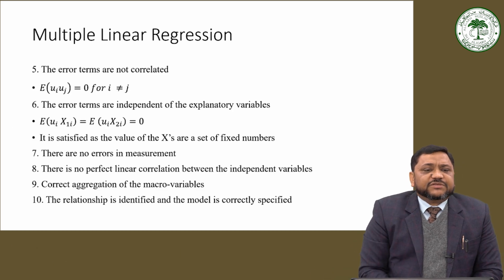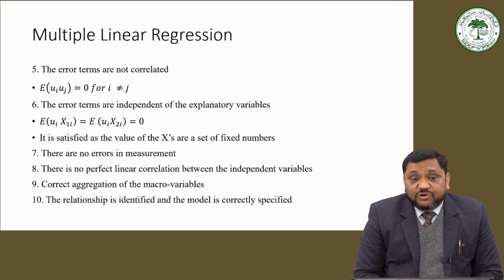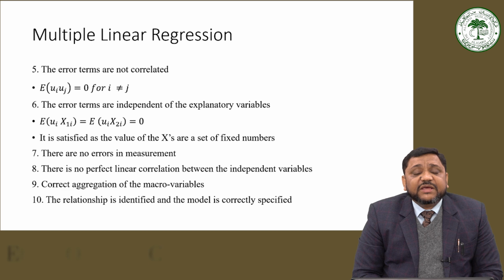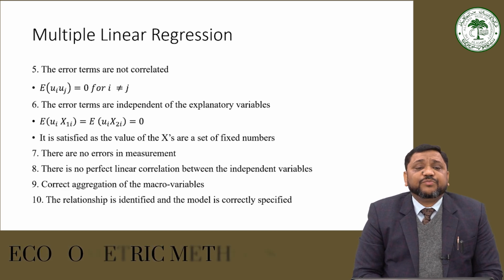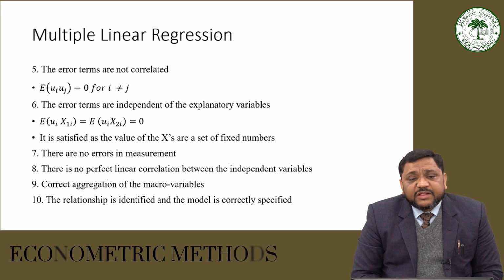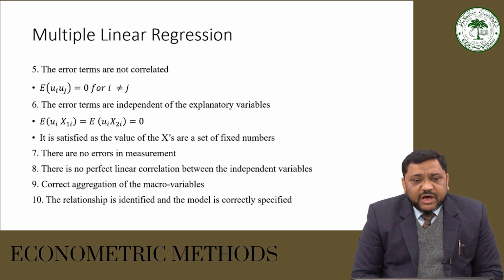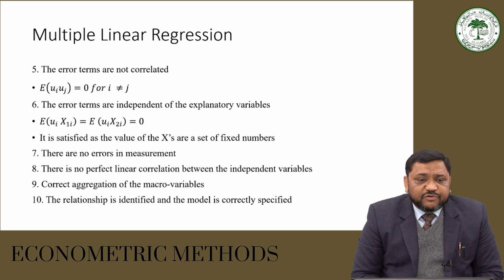Next, the error terms are not correlated, that is, the expected value of ui uj, the error in one period with the error in another period, is equal to 0. The error terms are independent of the explanatory variables, that is, the expected value of ui with x1i is 0, and since we are assuming two variables, the expected value of ui with x2i is also equal to 0.